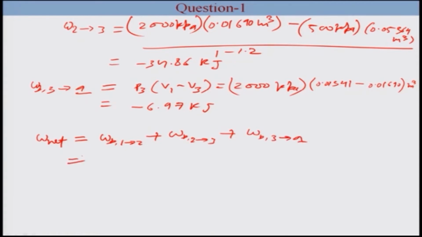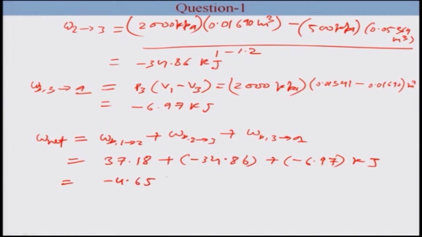So this gives 37.18 plus minus 34.86 plus minus 6.97 kilojoule, which is nothing but minus 4.65 kilojoule. So this is the total work in a complete cycle. So moving to the next question.